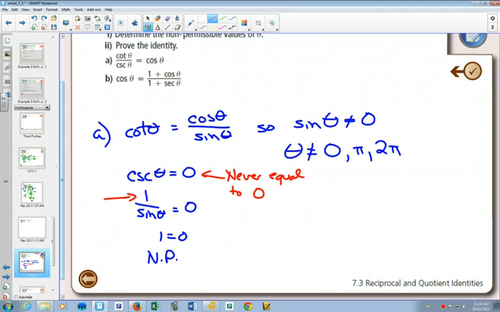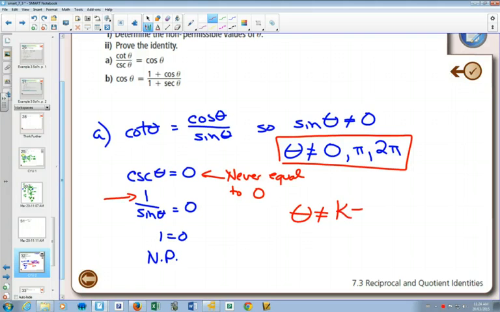So the only problems here: theta can't equal 0, pi, and 2 pi, but that's only from 0 to 2 pi. This question said determine all the non-permissible values, so we would need to list all the ones coterminal with that. Can you see that I'd have 0, pi, 2 pi, 3 pi, 4 pi, 5 pi?